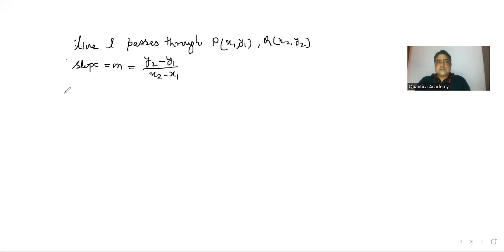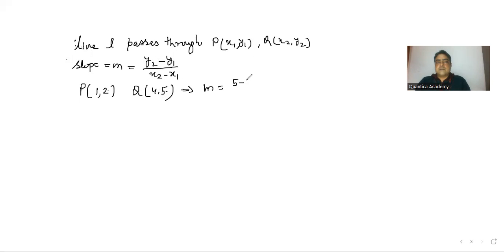For example, suppose there is a line which passes through 2 points, say 1 comma 2, and second point say 4 comma 5. Then what is the slope of this line? It is y2 minus y1. Y2 is 5, y1 is 2.